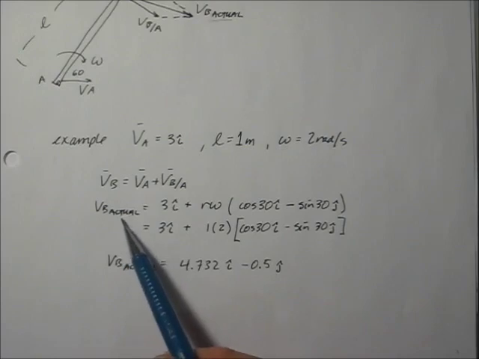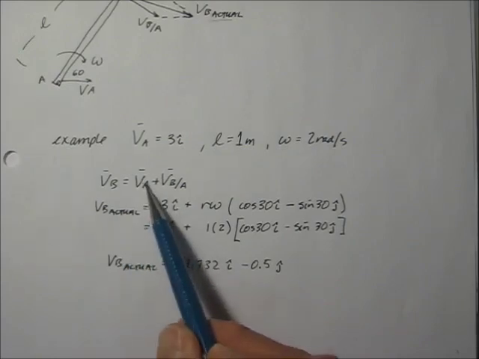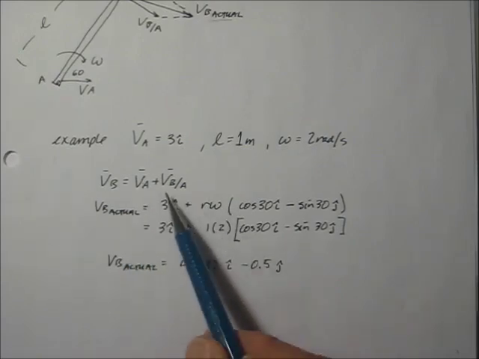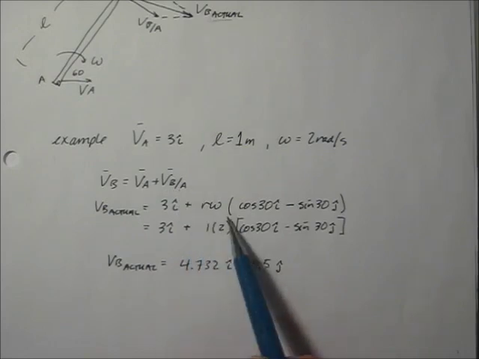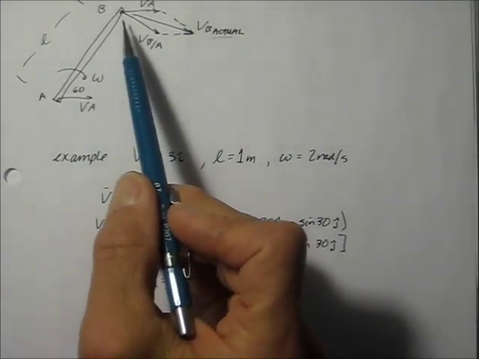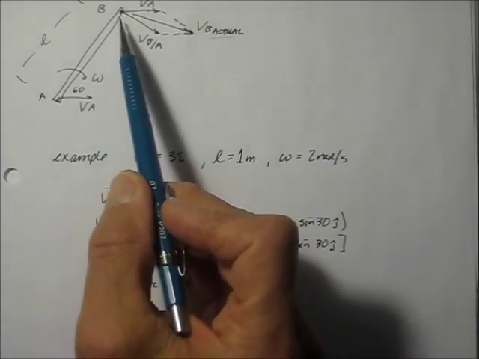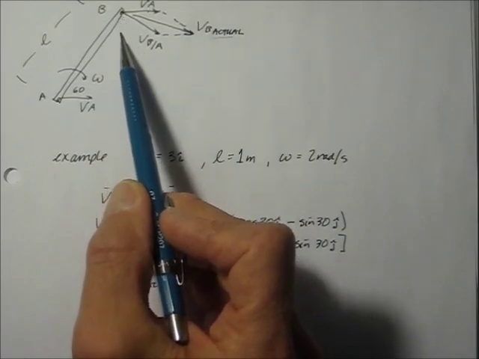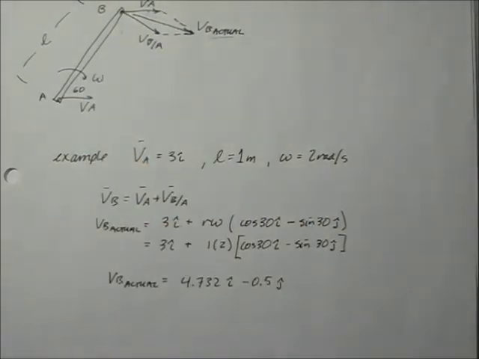We're going to say that the actual velocity of B is equal to 3i, which is the velocity of A. And then the B with respect to A term has i and j components, and we have to look carefully. I just picked an angle here of 60 degrees, but we know that there's going to be some component in this direction as well as some component in that direction.